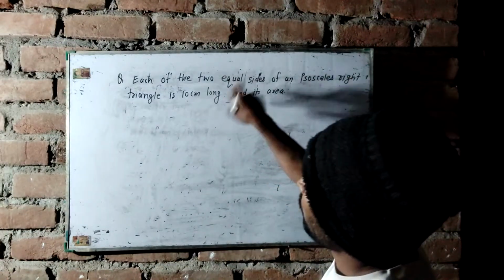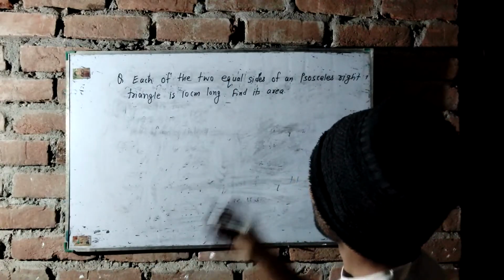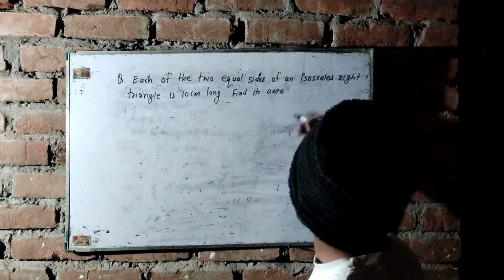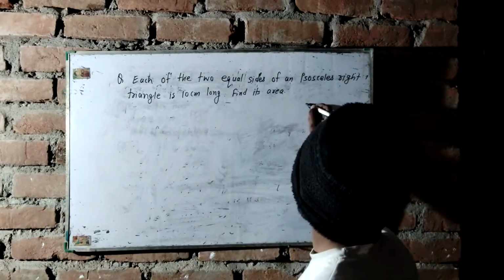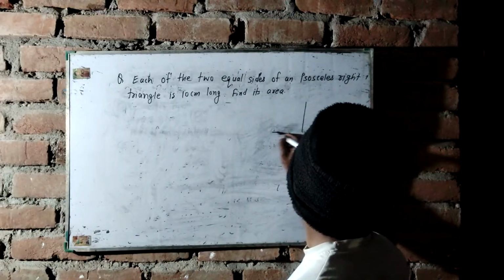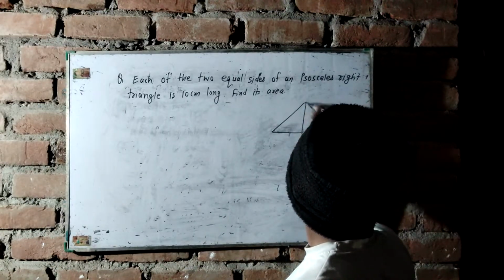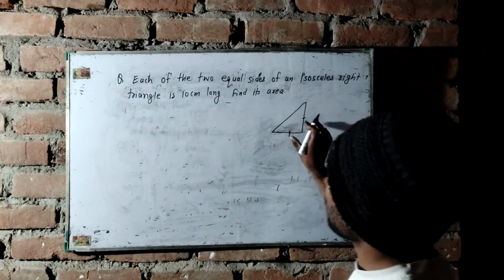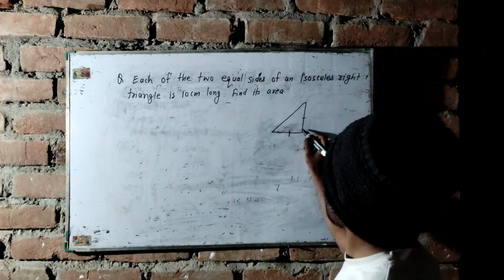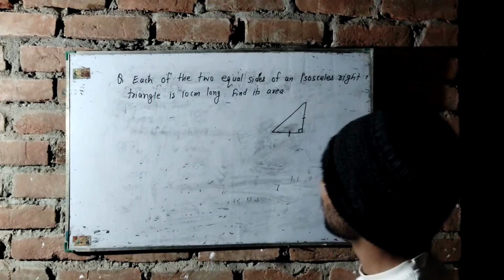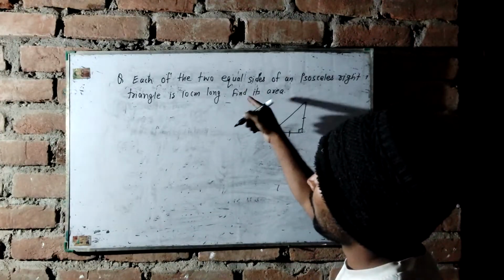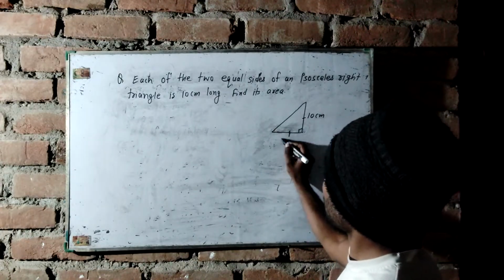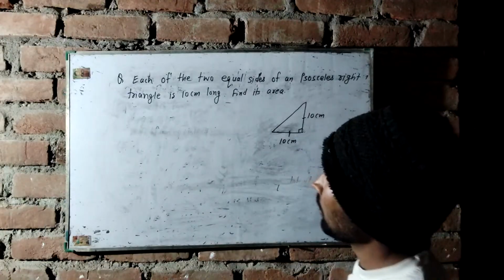For solving this problem, first of all, we have to draw a picture of an isosceles right angle triangle. So this stroke sign represents isosceles right angle triangle. According to the question, you can write 10 centimeter here and 10 centimeter here.